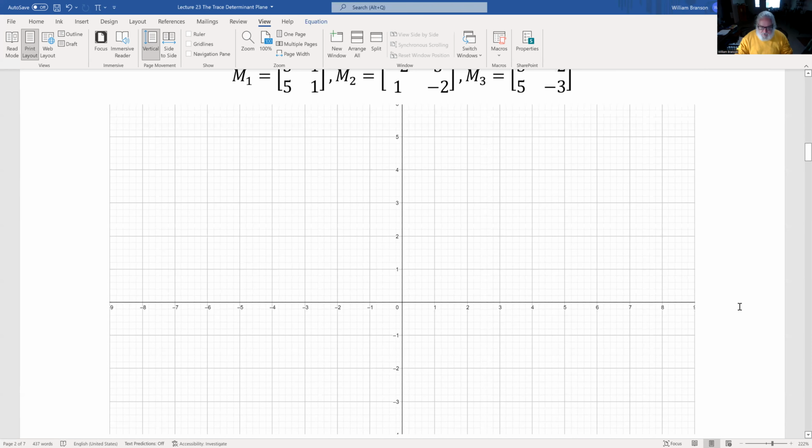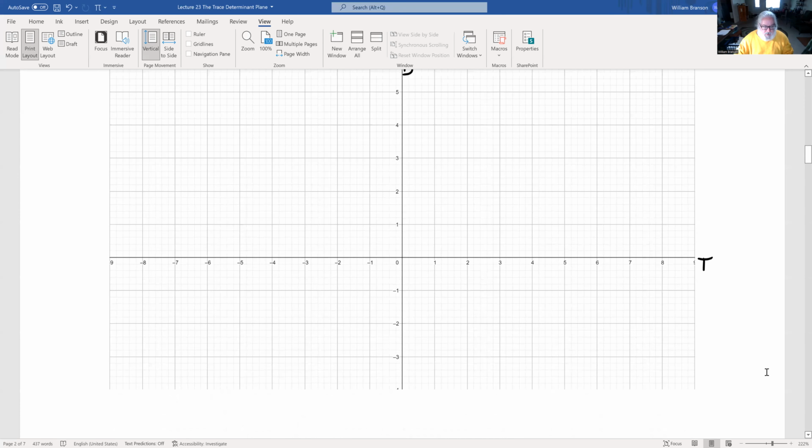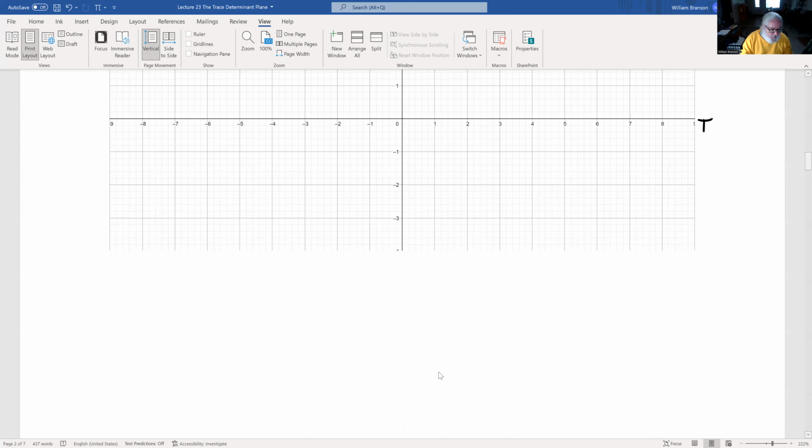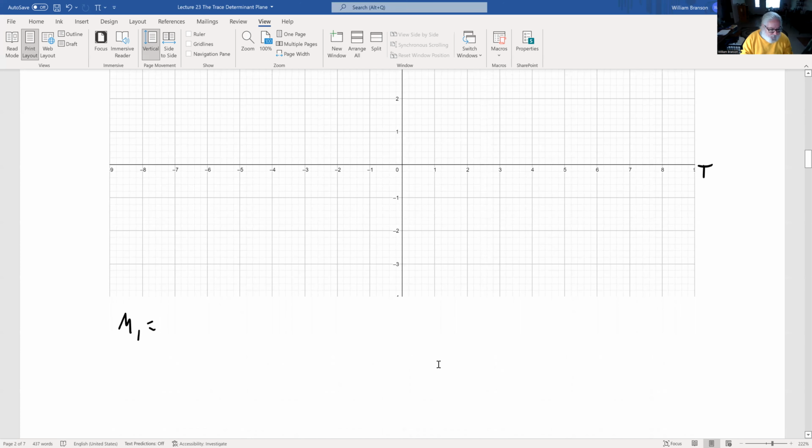So here's my trace determinant plane. This is T for trace, D for determinant. So M1 is 3, 1, 5, 1. Its trace is 4.